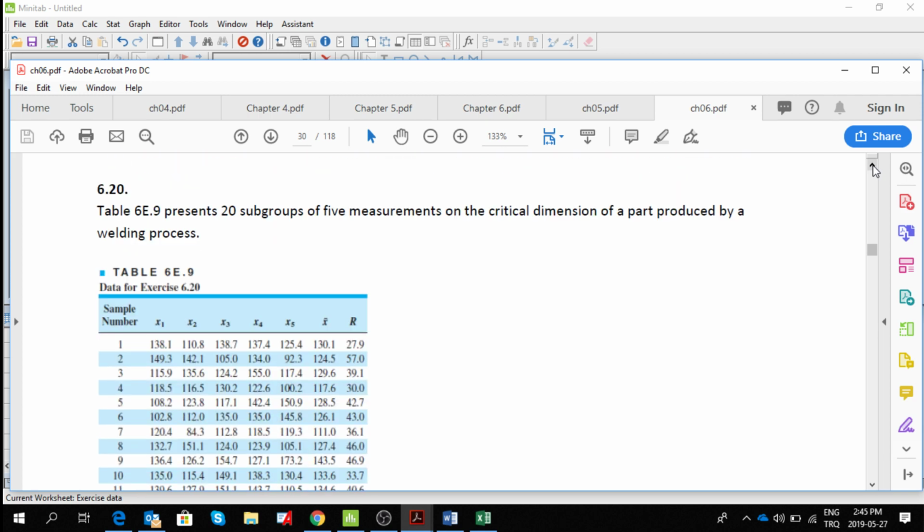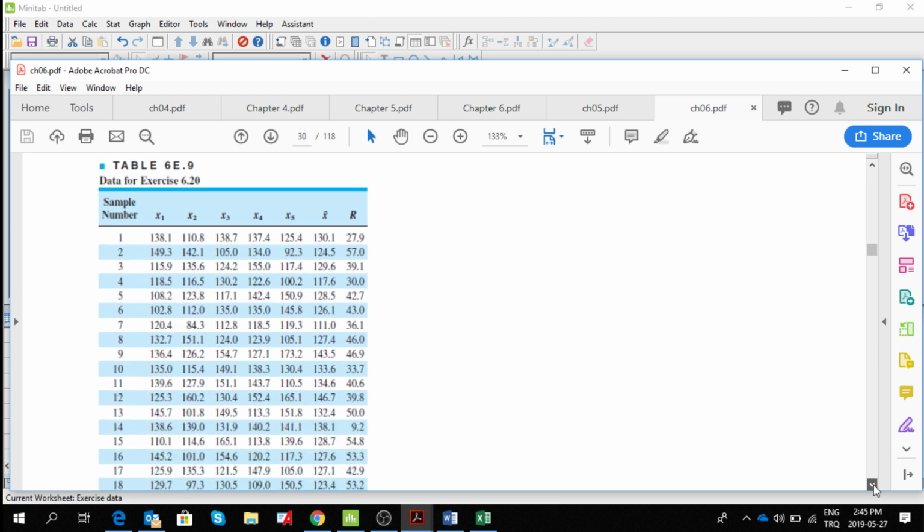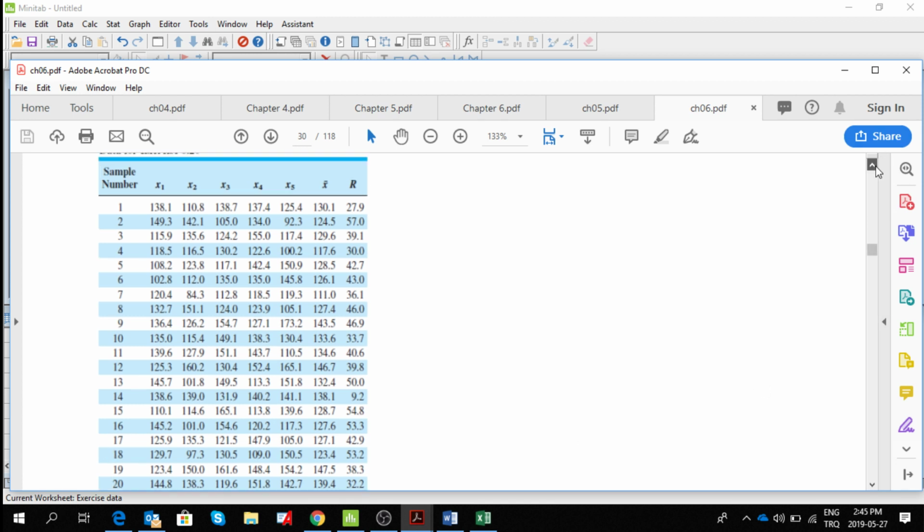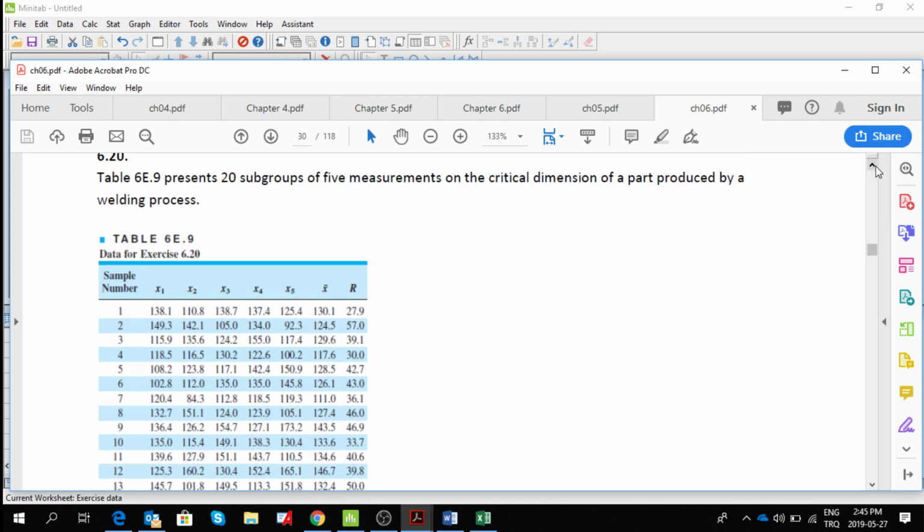The question is, table 6E9 presents 20 subgroups of 5 measurements on the critical dimension of a part produced by a welding process. As you see, we have 5 measurements in each sample, and there are altogether 20 samples.